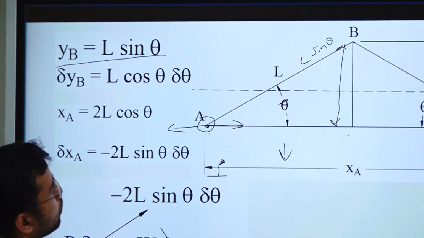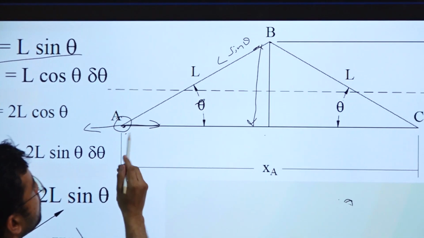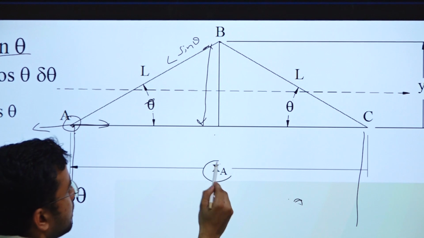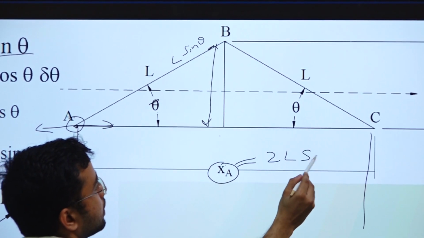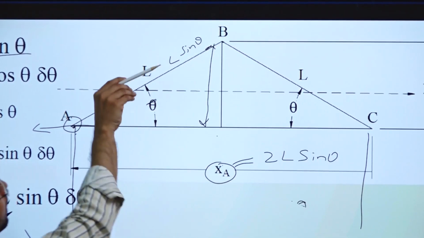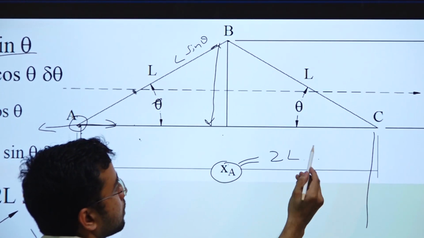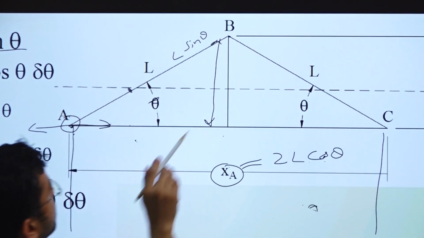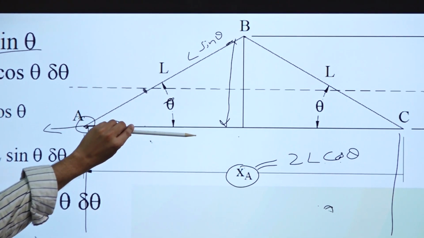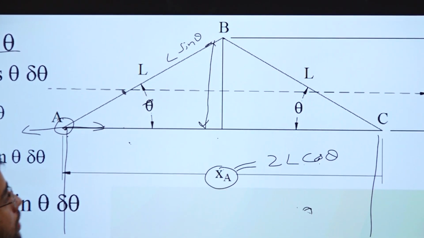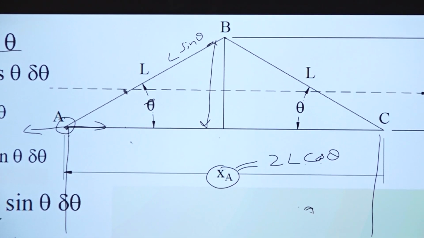How did we find 2L cos theta? From here to here, the total distance XA, L cos theta, not sin theta, cos theta. So L cos theta in the positive x direction and L cos theta from here also. Both combined give 2L cos theta. So XA is equal to 2L cos theta.